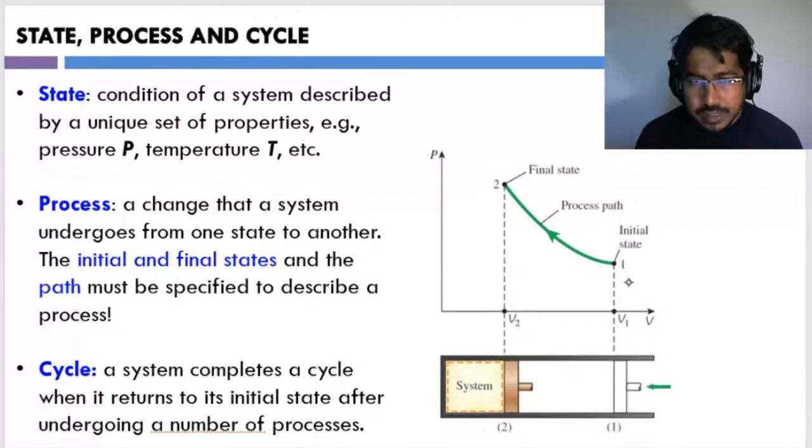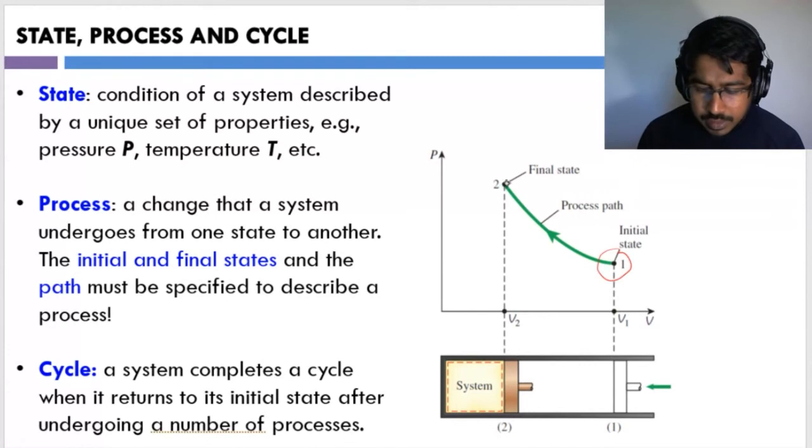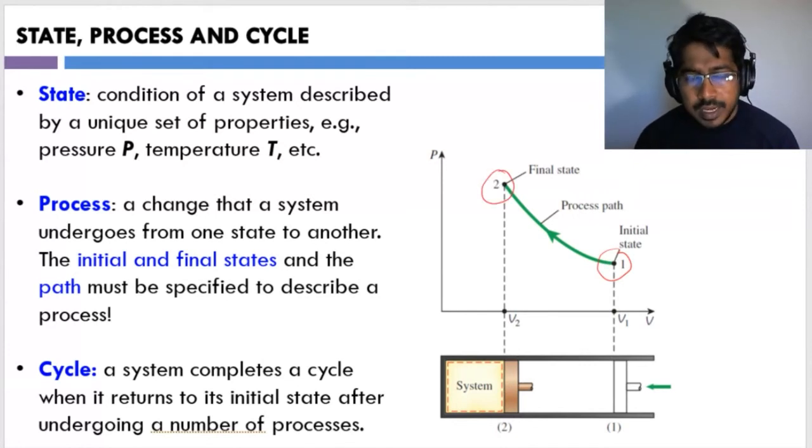Does it mark the initial and final position of the process? Yes, there are two states and they are marked here, so it's clear. And the path, does it have the path? Yes, it marked the path. And does it describe the direction? Yes, it described the direction. Now we can say that this drawing meets the definition of a process, so we can call it a process, right?